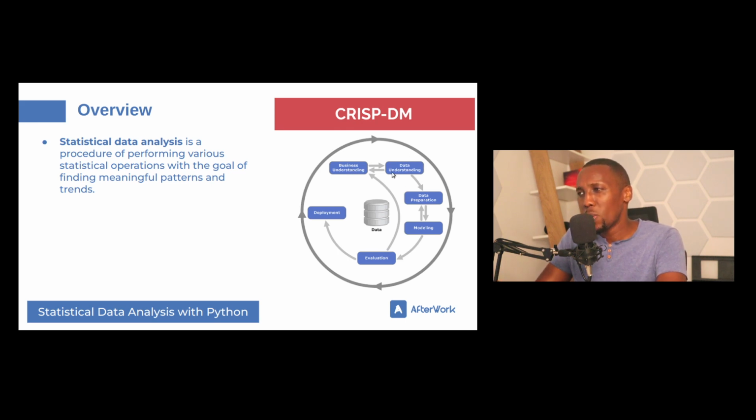Then we get data and we try to understand the data. We prepare the data. We perform modeling, which entails creating and training your machine learning models. Then we evaluate them and check whether they were able to meet the metric of success that we have for this particular project.